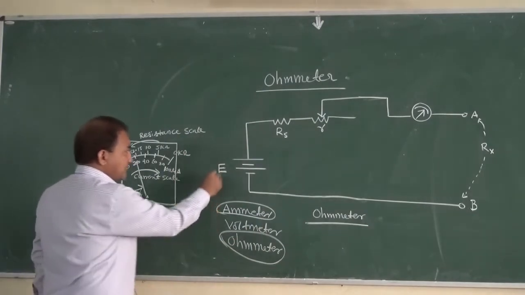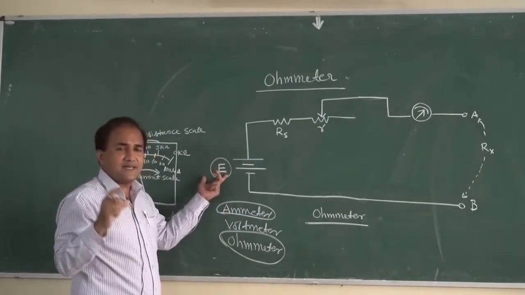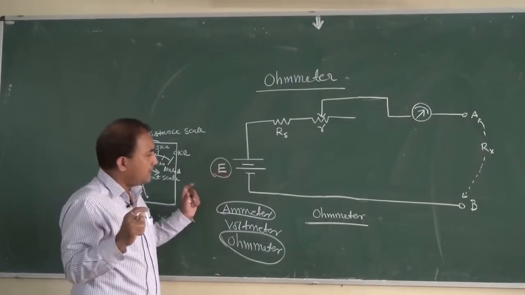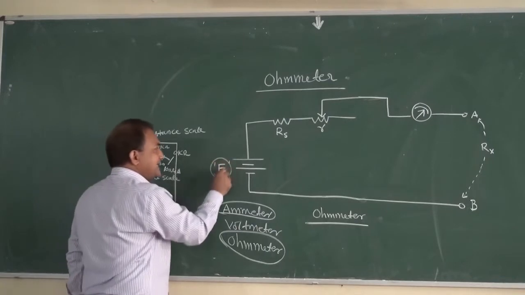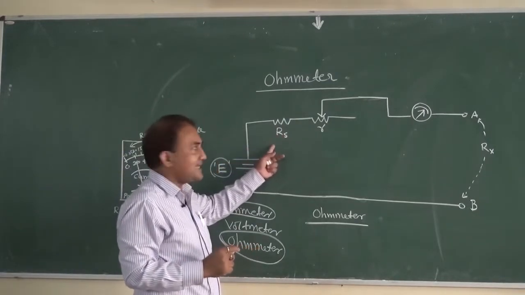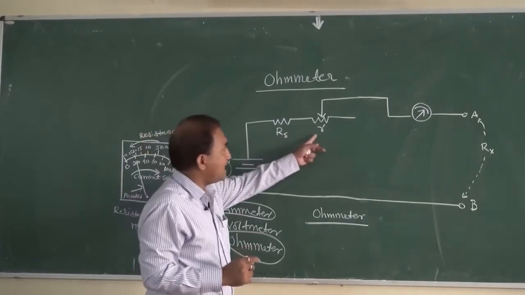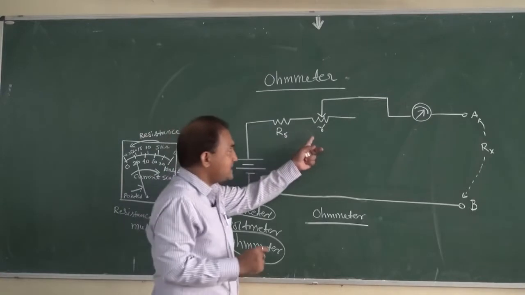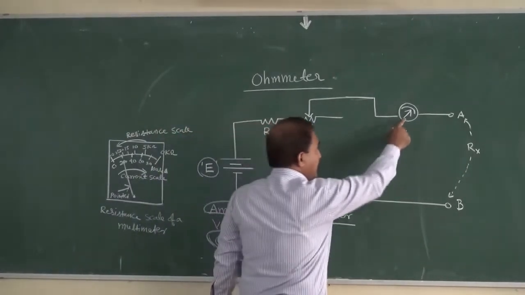This is the internal battery that is present in the multimeter, whose potential is E, and RS is the series resistance. It limits the current flow, and small r is the variable resistor, used for adjusting the pointer to 0.